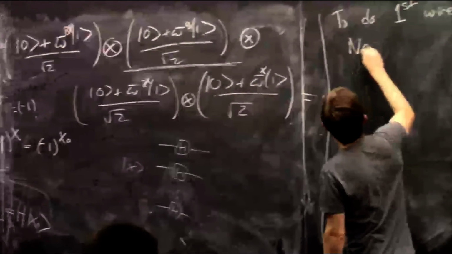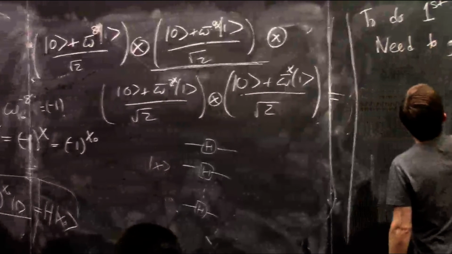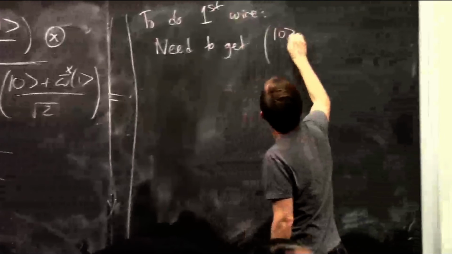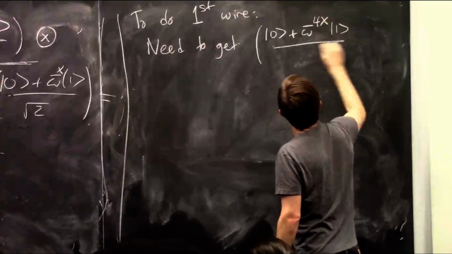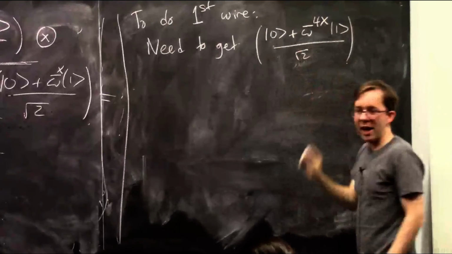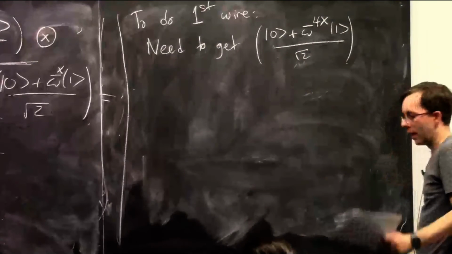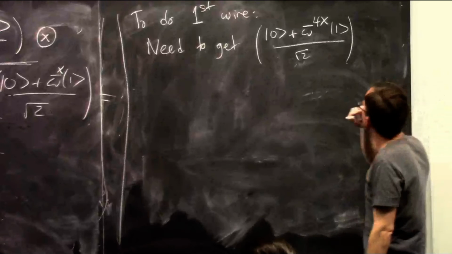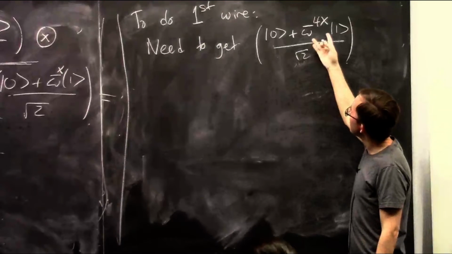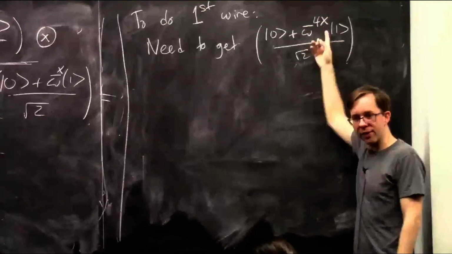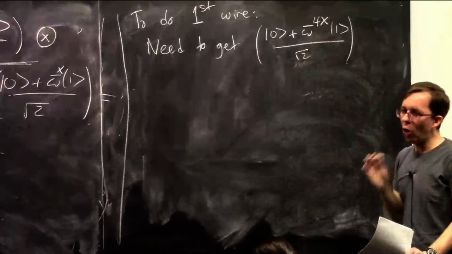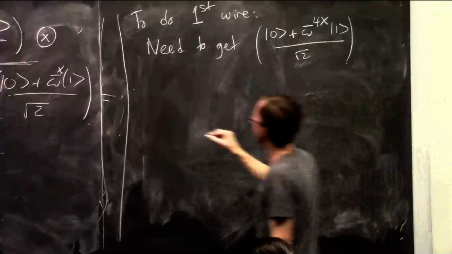OK, so we need to get this. OK, this is not going to be as easy. We still have this worry that this phase that we need to get onto ket 1 depends on the whole number x. But it doesn't really depend on the whole number x, for a similar reason.